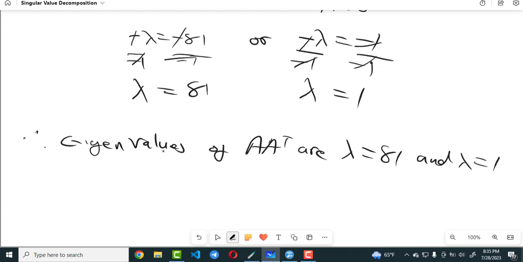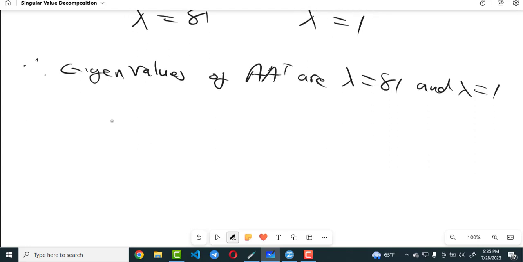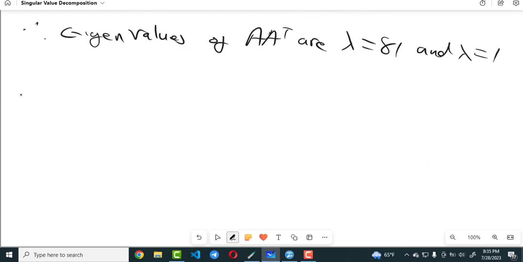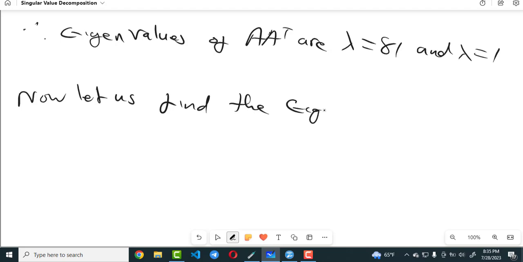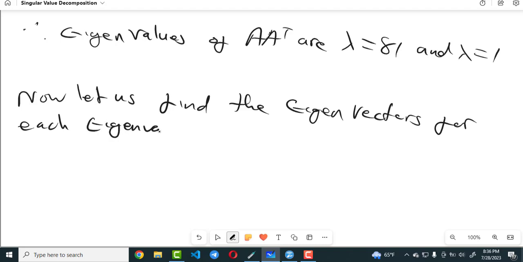Now, since we have the eigenvalues, let us find the eigenvectors. We need to find the eigenvectors for each and every eigenvalue here.